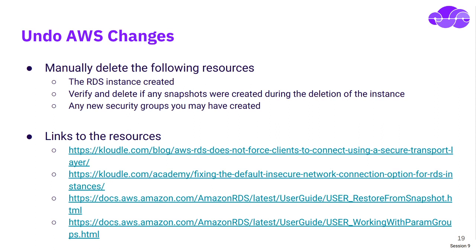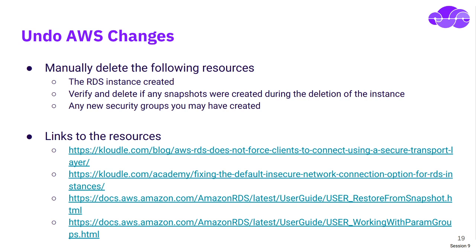When you're deleting the RDS instance, you will be asked if you want to create one final snapshot. Make sure that you uncheck that checkbox, so that you don't end up creating a snapshot at the end of the deletion process. Any new security groups you may have created as part of creation of the RDS instance, make sure that you delete that as well.